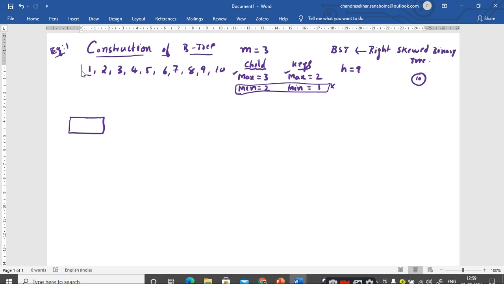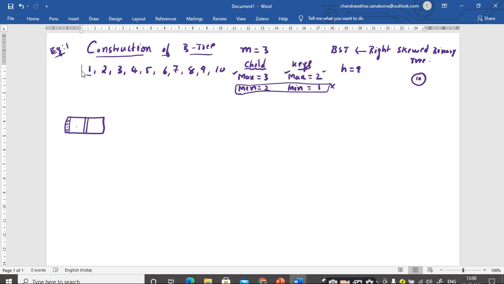Every node has a maximum of 2 keys, so how many parts do you have to divide it into? 2 parts, sir. These are exclusively for storing the data. But what about the link parts? A node consists of link parts, the left child and right child. This node will have a link part like this, here also, and here also.